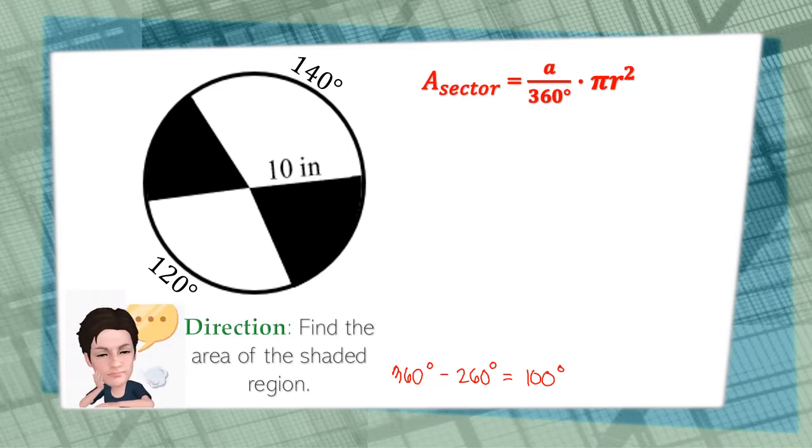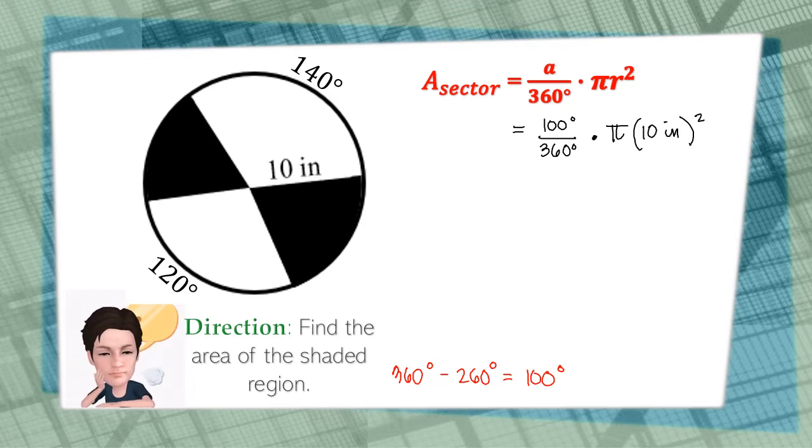Therefore, we can say that the sum of the degree measures of the intercepted arcs of these two remaining shaded regions is equivalent to 100 degrees. And this is what I'm going to use in the formula for area of a sector. So I would have 100 degrees divided by 360 degrees times pi, and of course our radius would be 10 inches squared.